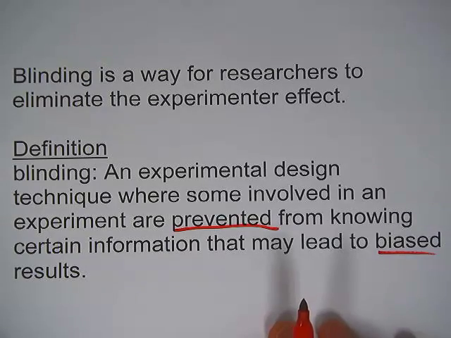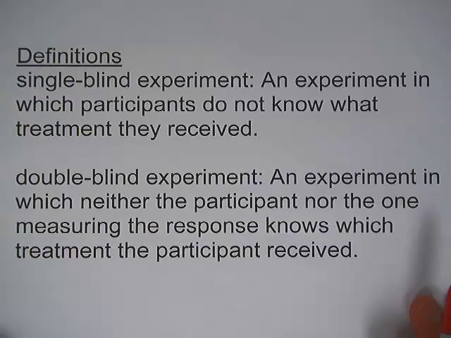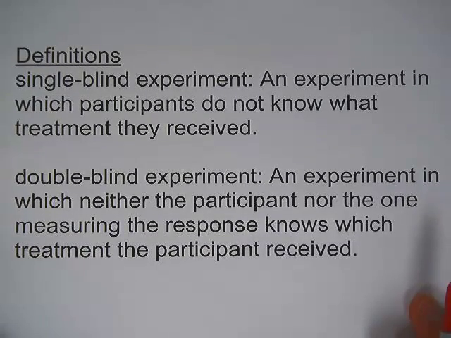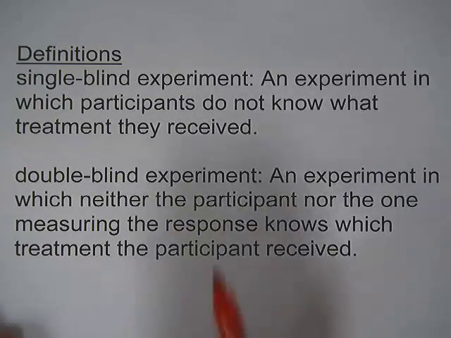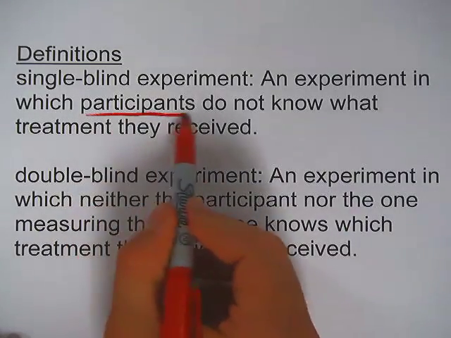in the study. And there are really two types of blinded experiments. The first one is what we call the single blind experiment. A single blind experiment is an experiment in which participants do not know which treatment they received.